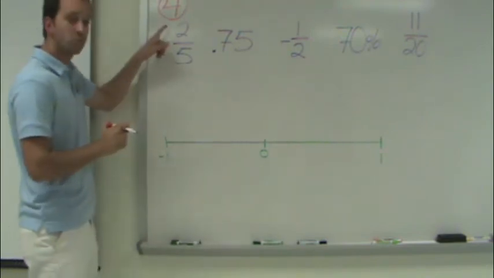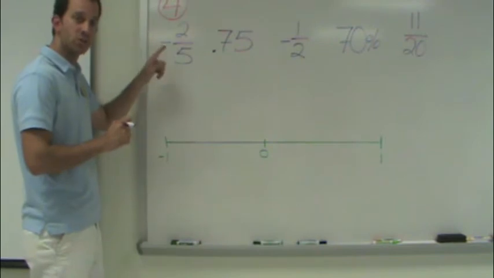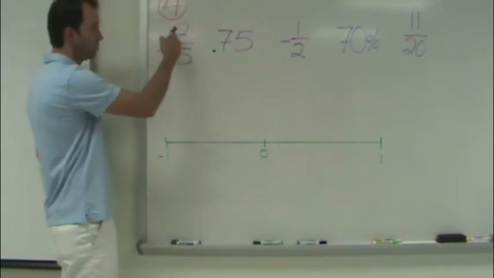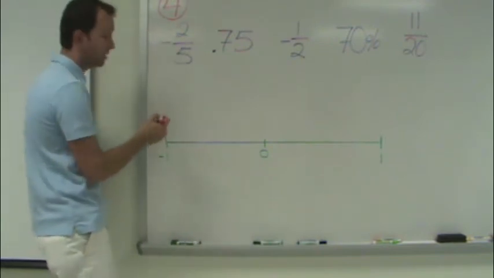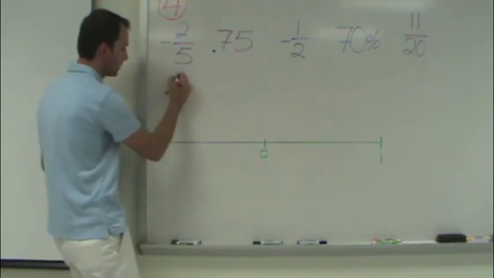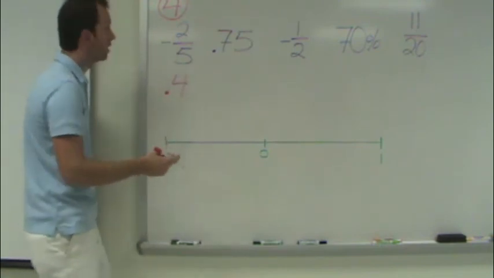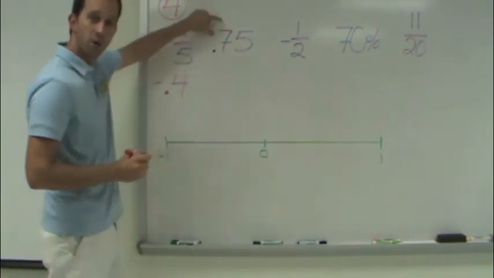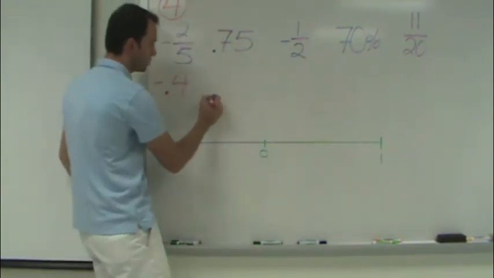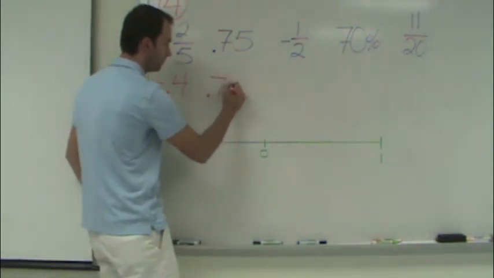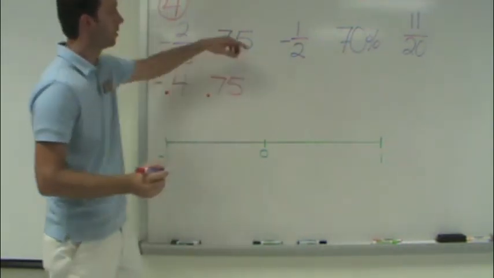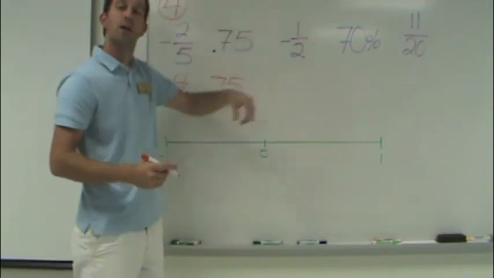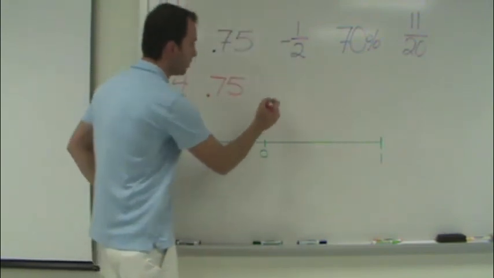We know that to change a fraction into a decimal, we divide. 2 divided by 5. The resulting decimal will be 0.4, and don't forget your negative sign. 0.75, of course, is already a decimal. Negative a half, we all know that a half is 0.5.